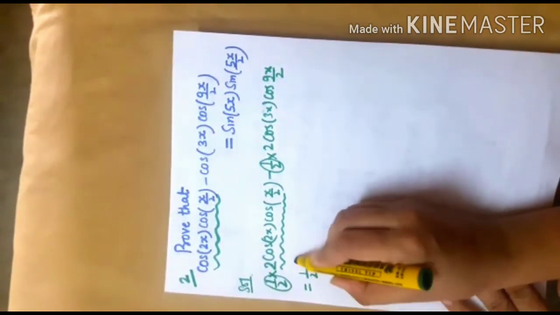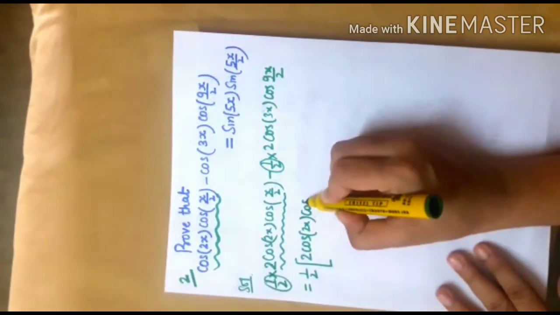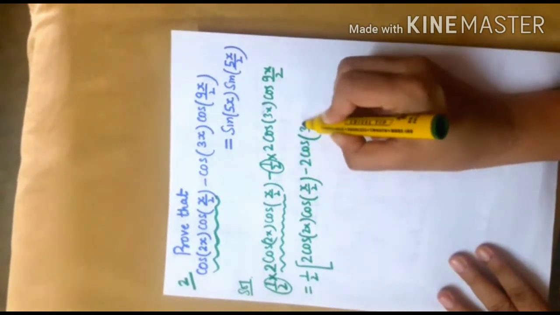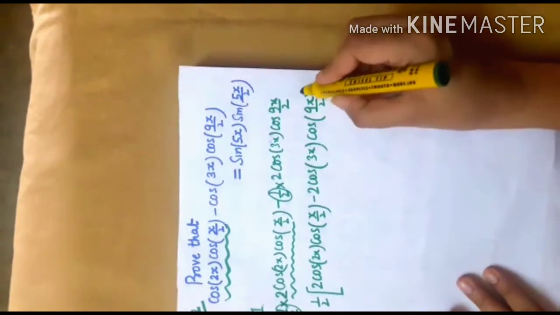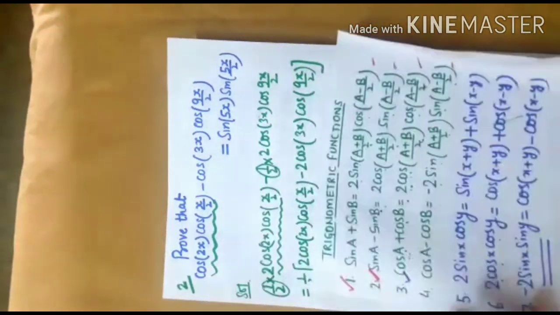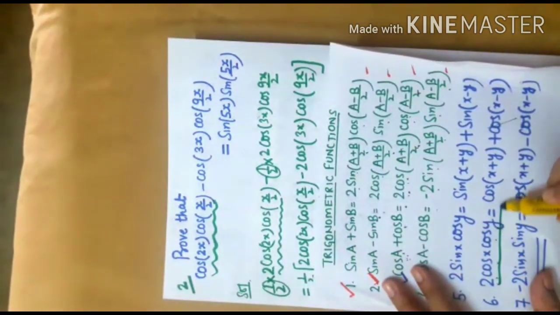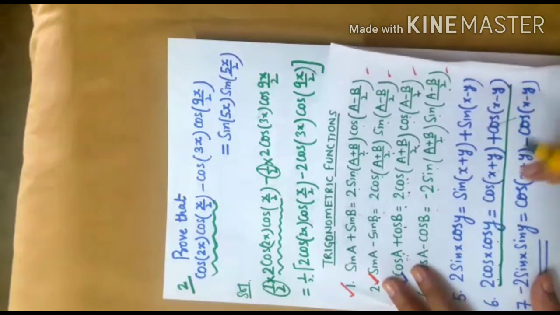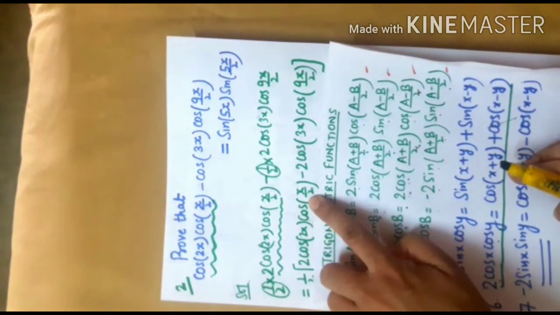So this will be 1 by 2, it is 2 cos 2x into cos x by 2 minus 2 cos 3x into cos 9x over 2. Right? Now, this is 2 cos x cos y, and 2 cos x cos y is equal to cos x plus y plus cos x minus y. Role of x is being played by 2x and role of y is being played by x by 2.